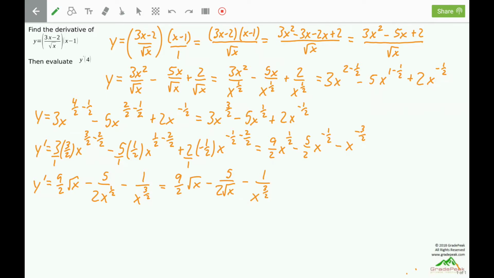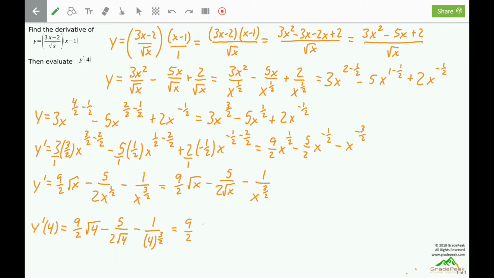Now we're going to evaluate y prime of 4, so we're going to plug a 4 into each of those x's. That will give us a 9 over 2 times the square root of 4 minus a 5 over 2 times the square root of 4 minus 1 over 4 to the 3 halves power.